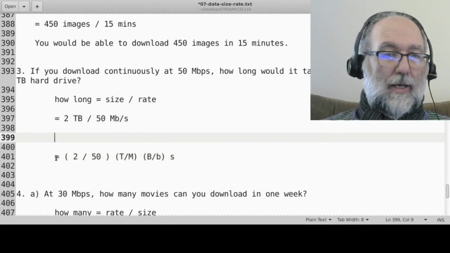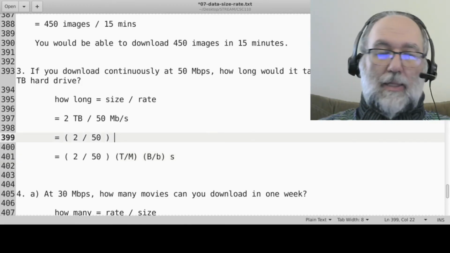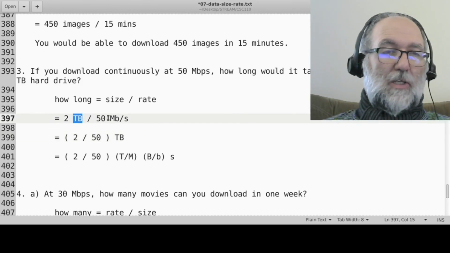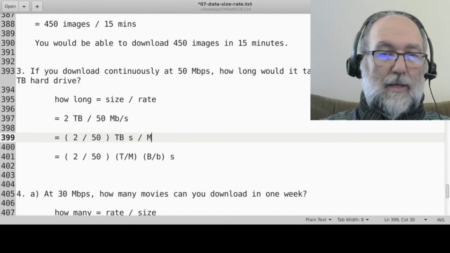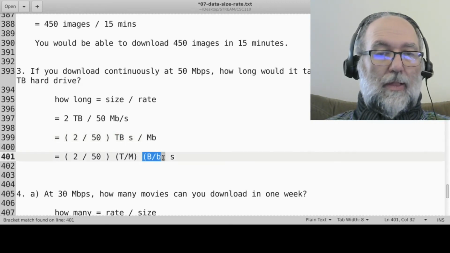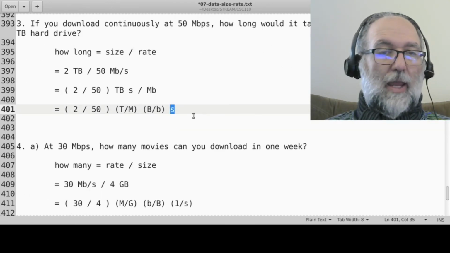Collecting that together, we would get that. Then in the numerator, we have the terabytes. But because we need the reciprocal, we're going to have seconds on top and megabits on the bottom. Then I collected the terabytes and the megabytes together, and the bytes and the bits together, and the seconds is in the numerator.